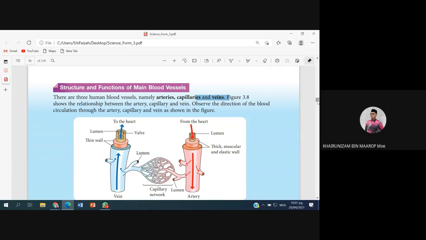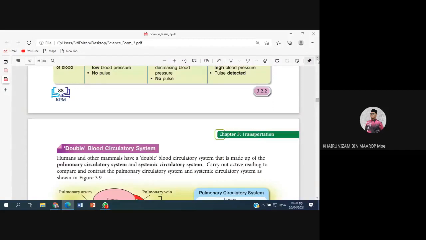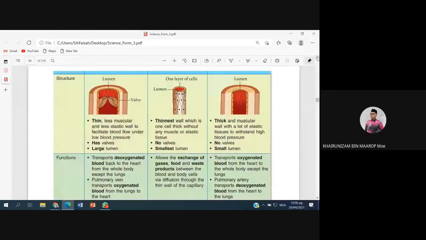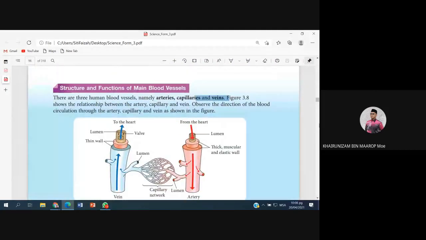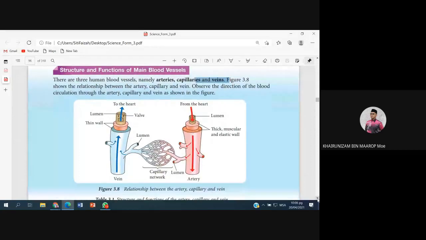If you look at this figure, you can see the structure of the vein, artery, and capillary. Our blood vessels are divided into three types.